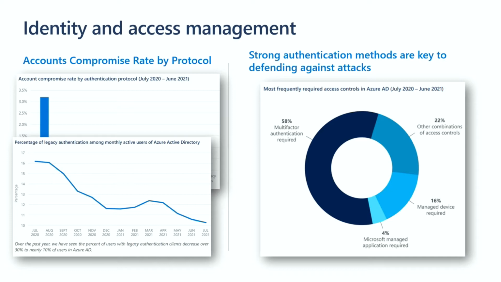But with the deprecation of our basic authentication protocols over time, Microsoft is deprecating that later in October of this year. But a lot of our customers have gone ahead and disabled these protocols early on. And because of that, we are seeing a dramatic reduction in attacks using legacy methods.